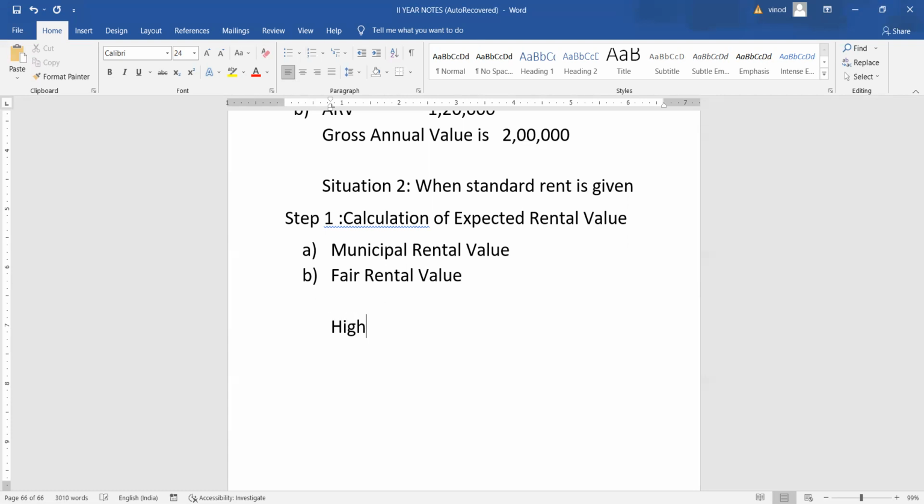Higher of the above will be this ERV, expected rental value.